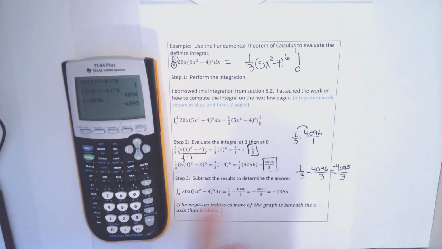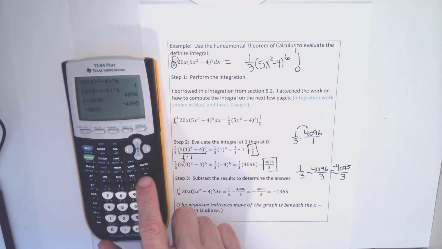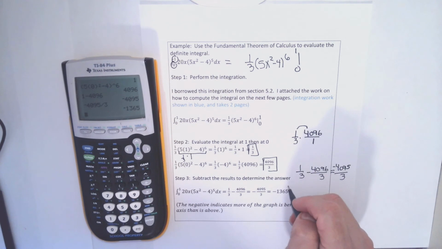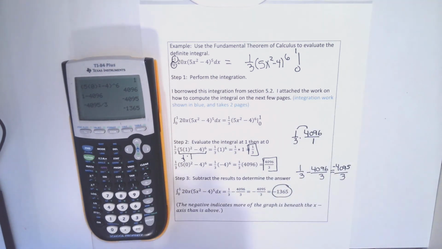And now I'll divide by 3. So negative 4095 divided by 3, and I get negative 1365. This means that this graph really exists mostly below, if not entirely below, the x-axis. Negatives indicate portions of the graph below the x-axis.